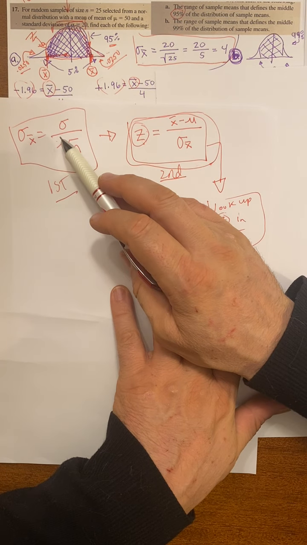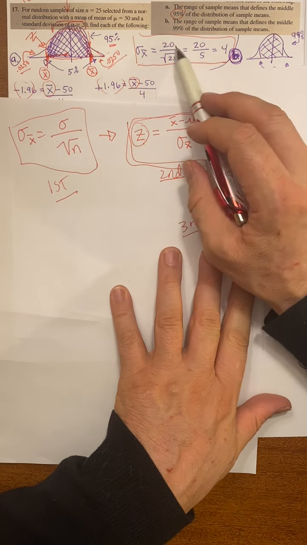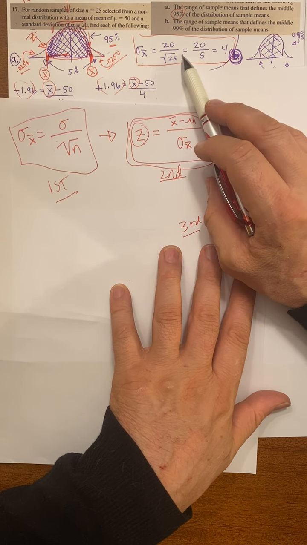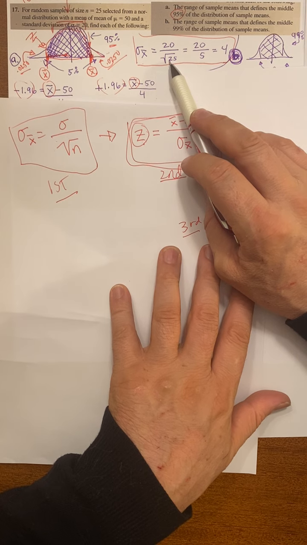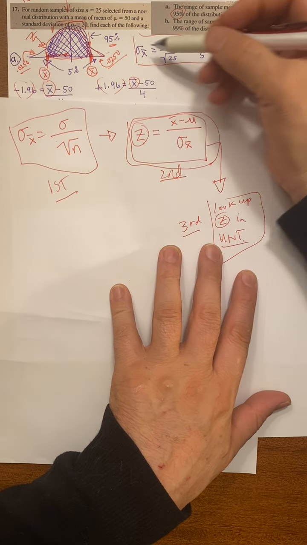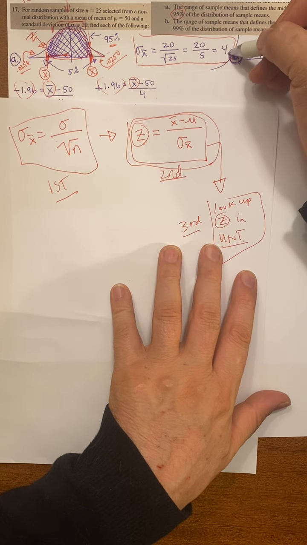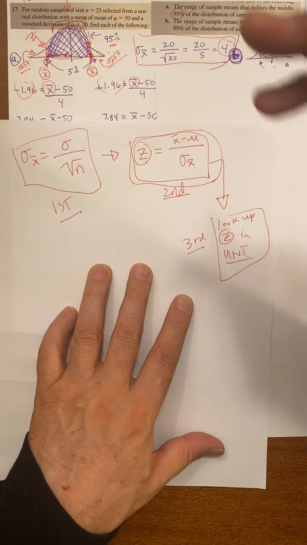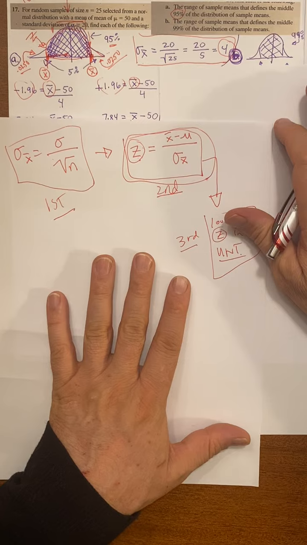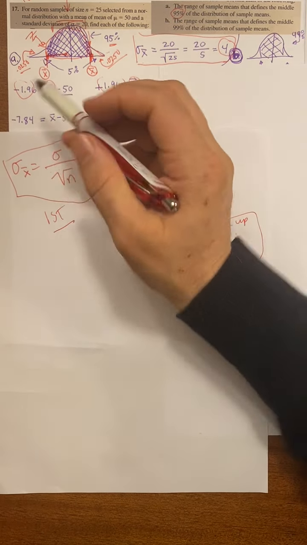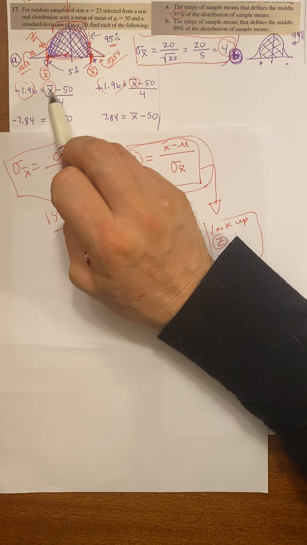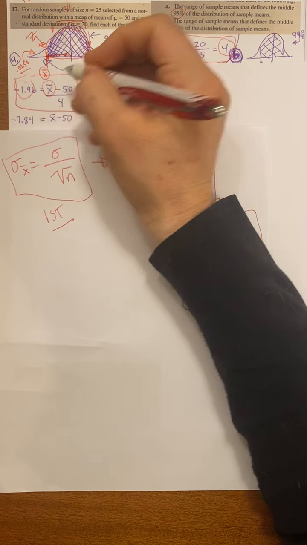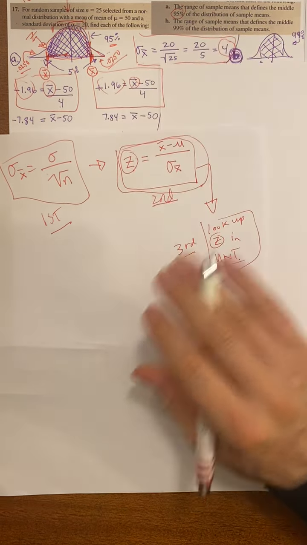So the standard error equation is this 20 standard deviation over this square root of n, which is 25, right? That reduces to 20 over 5, which reduces to 4. So that is how I got my 4 here and my 4 there. Now, at this point, I have figured out all of the different numbers in each of these z equations.